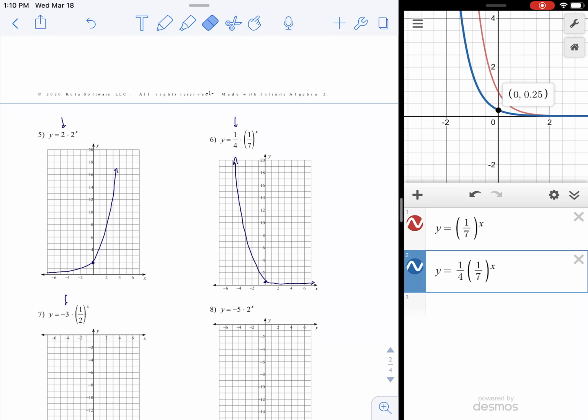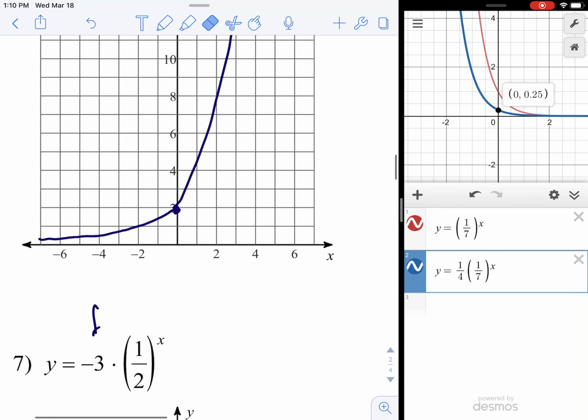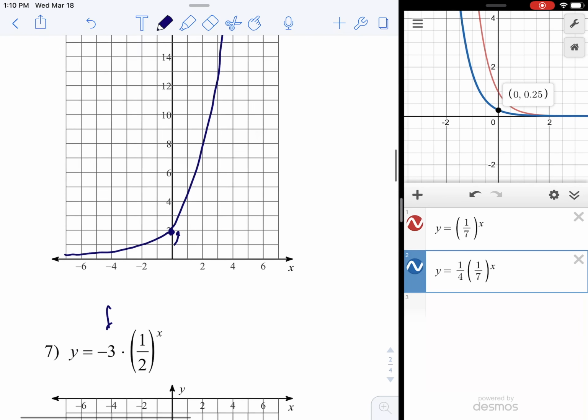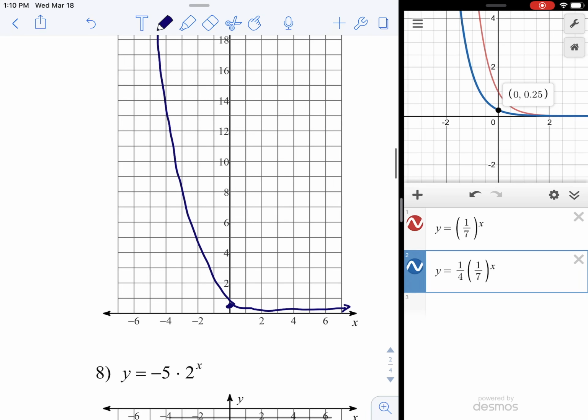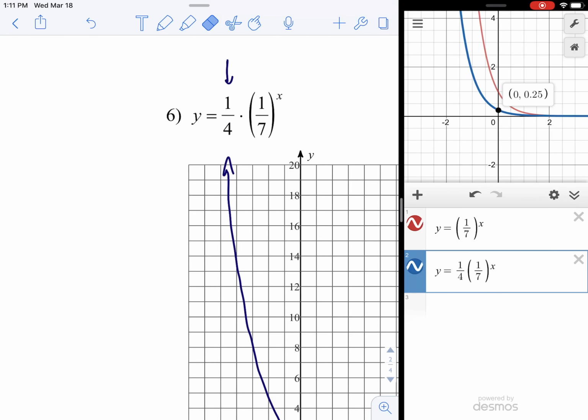So multiplying by a number can stretch it out so that the y-intercept gets pulled up from here up to here if it's multiplied by 2, or it can shrink it down so the y-intercept moves down. This one moved down to 0.25, which is the same as a quarter.